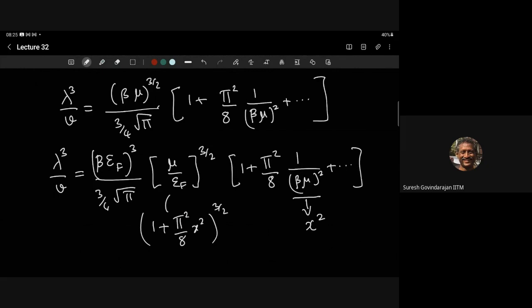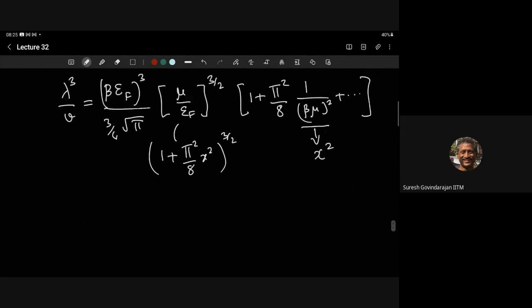Okay. So let's go ahead and substitute this. And so we get lambda cubed by V equal to, again in binomial expansion, since I'm working only to order x square, I just need to take the first term in the binomial expansion.